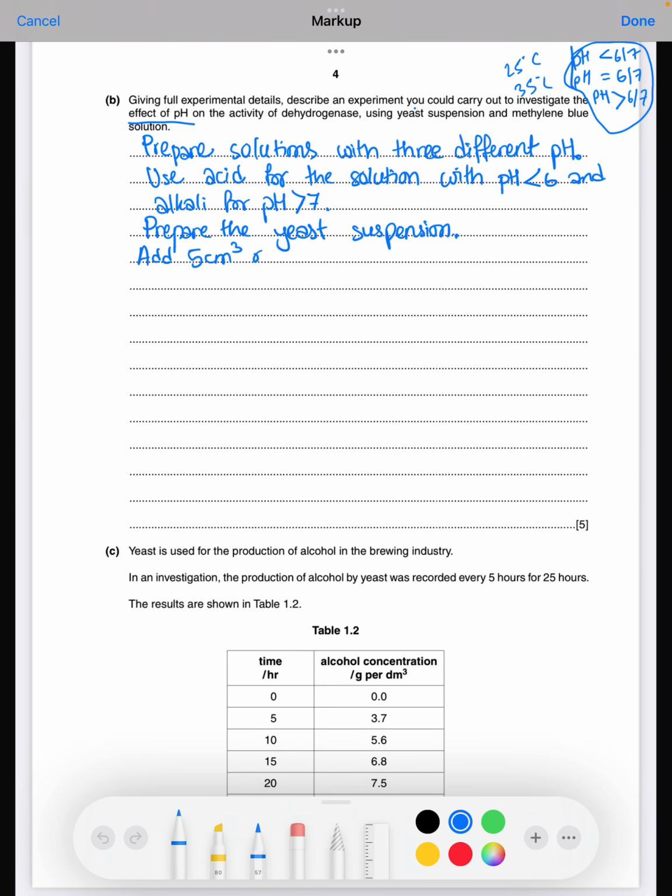Add 5 centimeter cube of yeast suspension. And then we have to add the pH solutions.